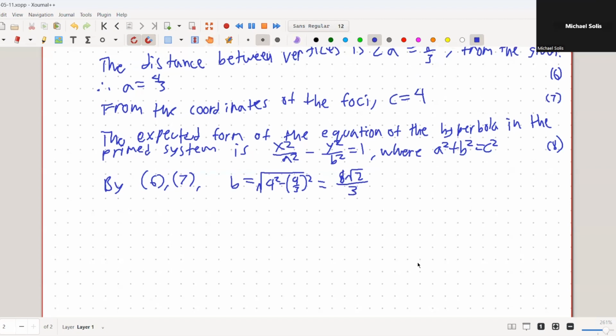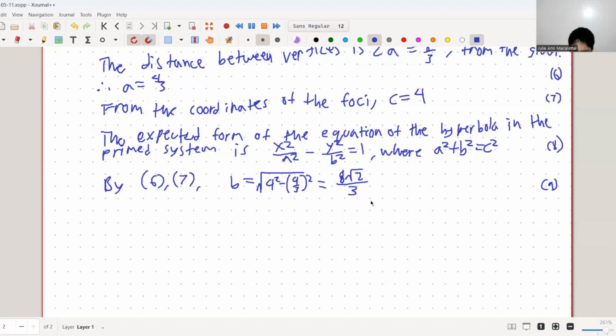Or since b squared is equal to, so that's 8. So when we square that, because all we need is b squared, right? So b squared is 128 over 9. So okay, that's equation 8. Sorry, that's equation 9. And then b squared is, okay, next line.